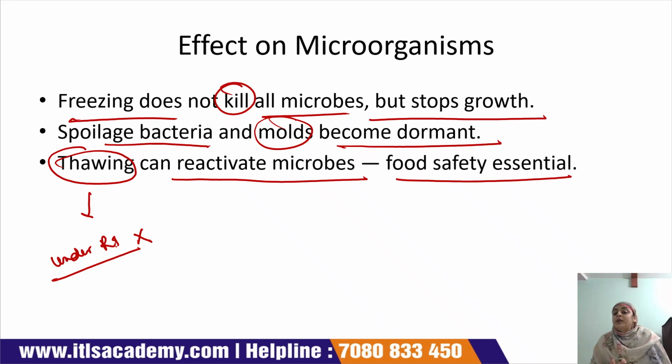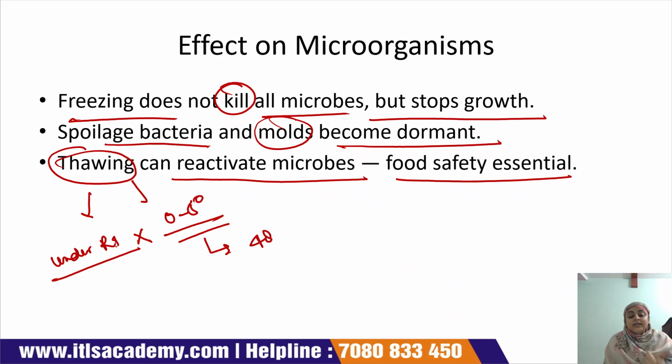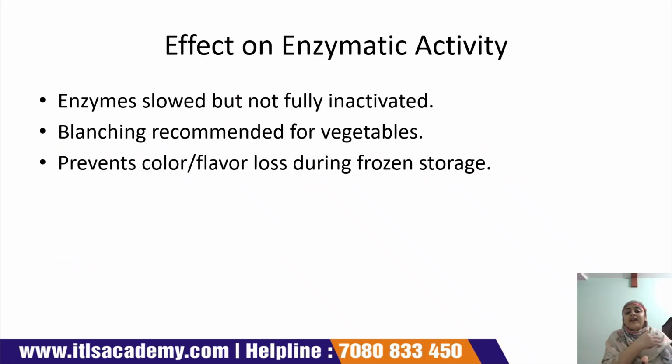It is not good from the point of view of food safety. You have to thaw the food product at a temperature between 0 to 5 degrees Celsius. Like chicken or mutton can be thawed at 0 to 5 degrees Celsius, and the time required is 48 hours.